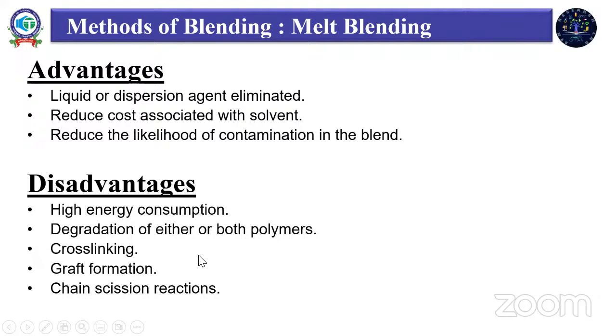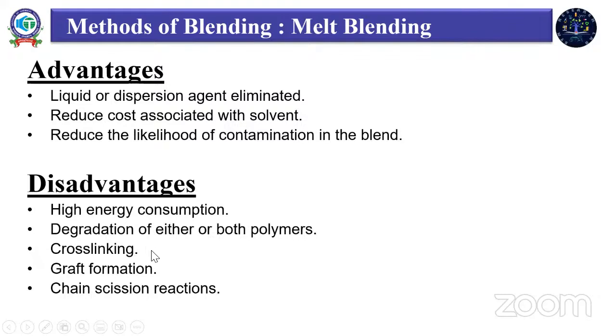Disadvantages are, due to the presence of the extruder, motors, and rotating screws, high energy consumption is required. Then, as temperature is applied, higher temperatures are employed, due to which degradation of either one or both polymers might occur. We can control these things.